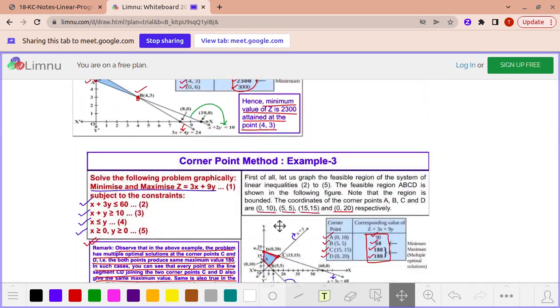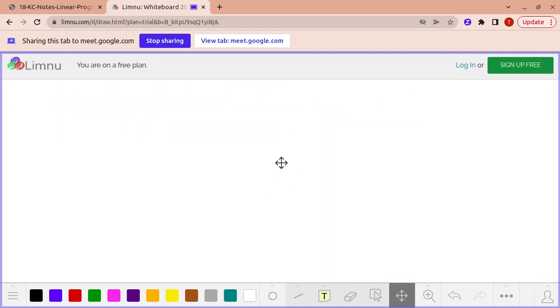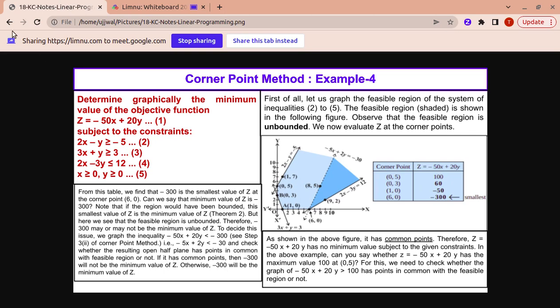Now dear students, we are going to go for the 5th example, and I'm going to show it. Let me take it from my presentation.